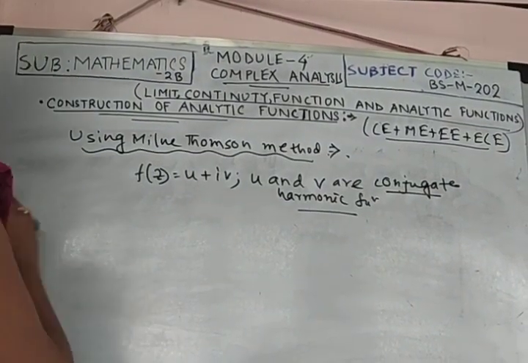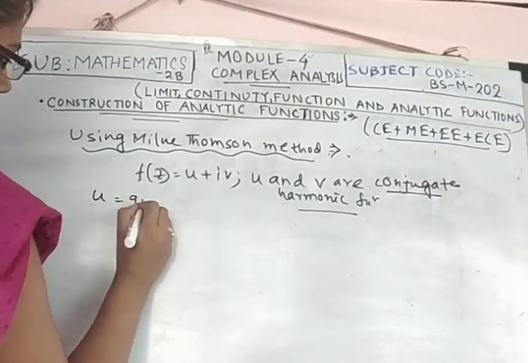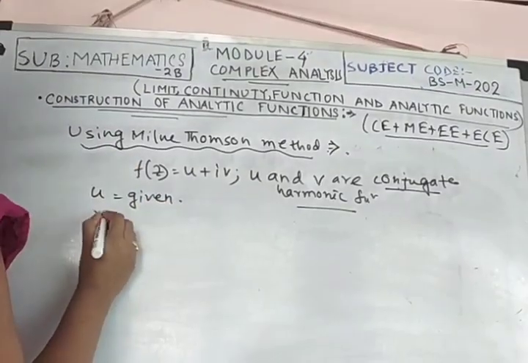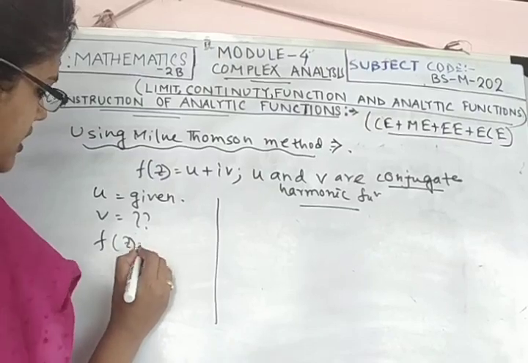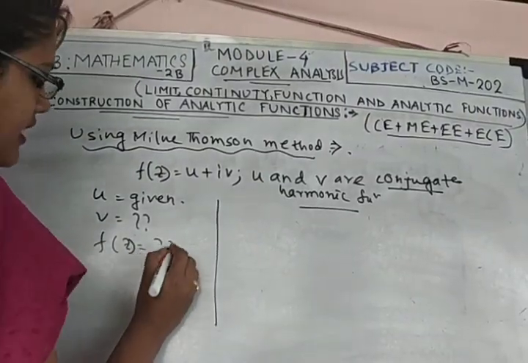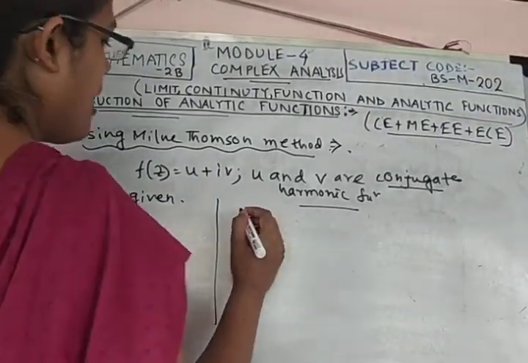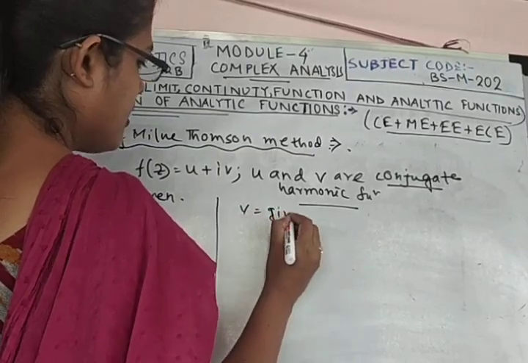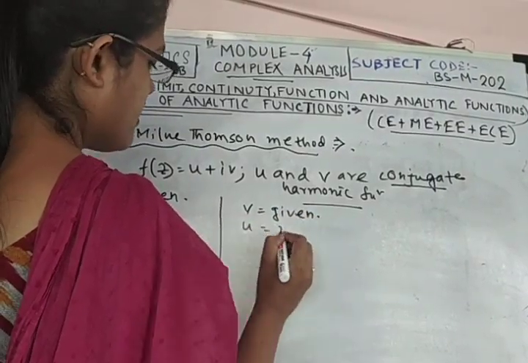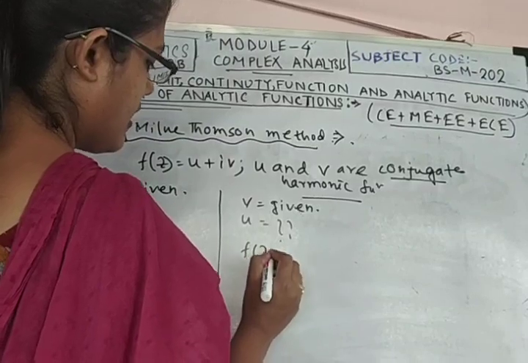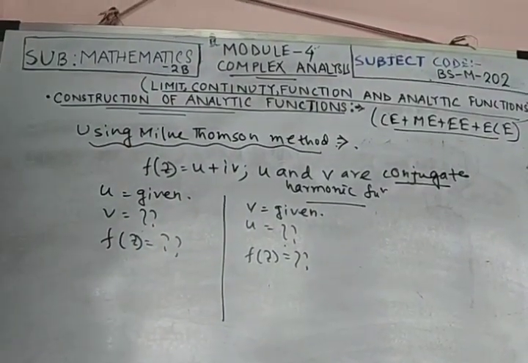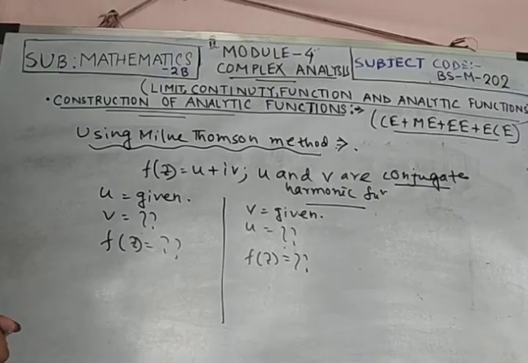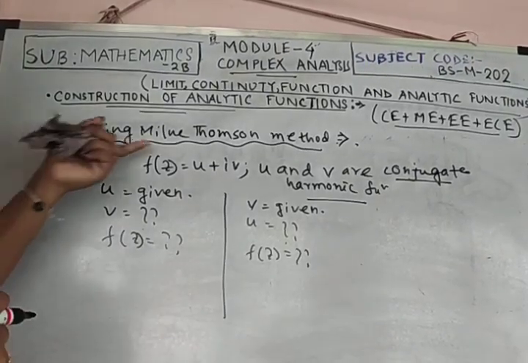Suppose u is given, then find out v and also the analytic function f(z). Or if v is given, then find the value of u or f(z).